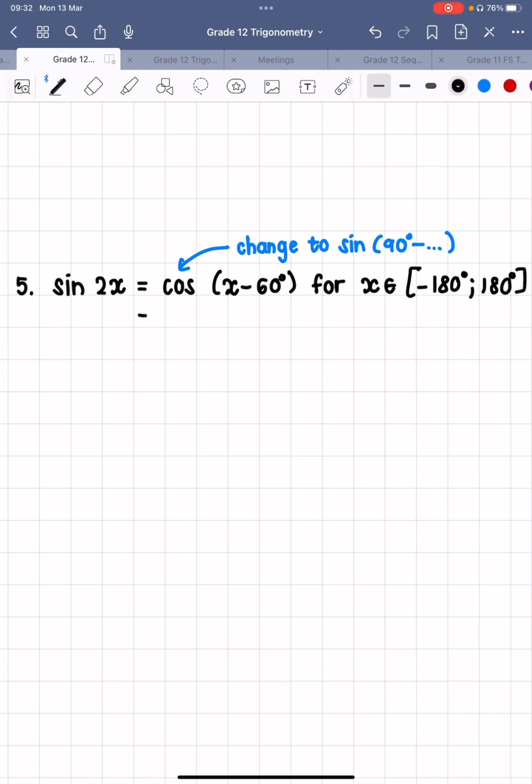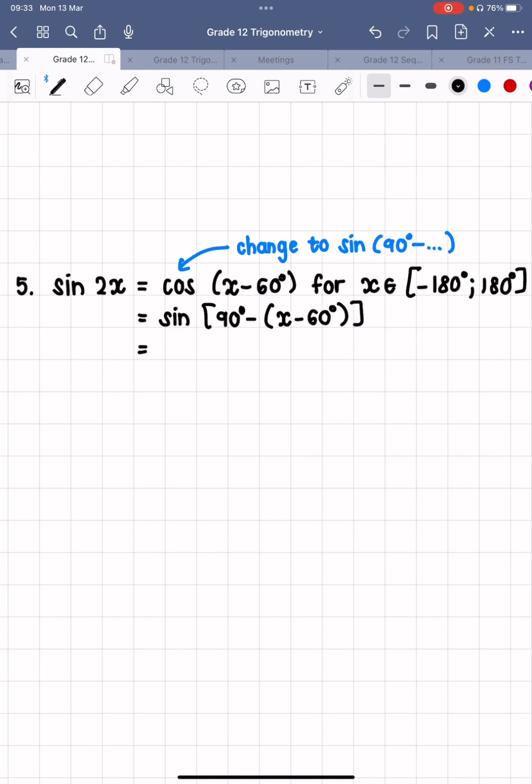I'm going to have to say this is sine 90 minus x minus 60, like that. You can use 2 pairs of round brackets if you want to. I just personally prefer using square brackets. And now what must I do with that minus? Multiply it into the brackets, right?